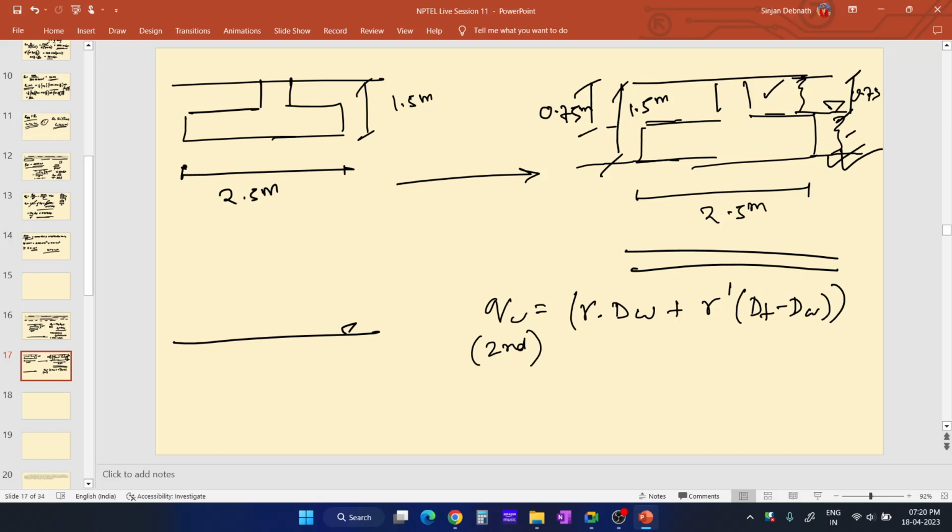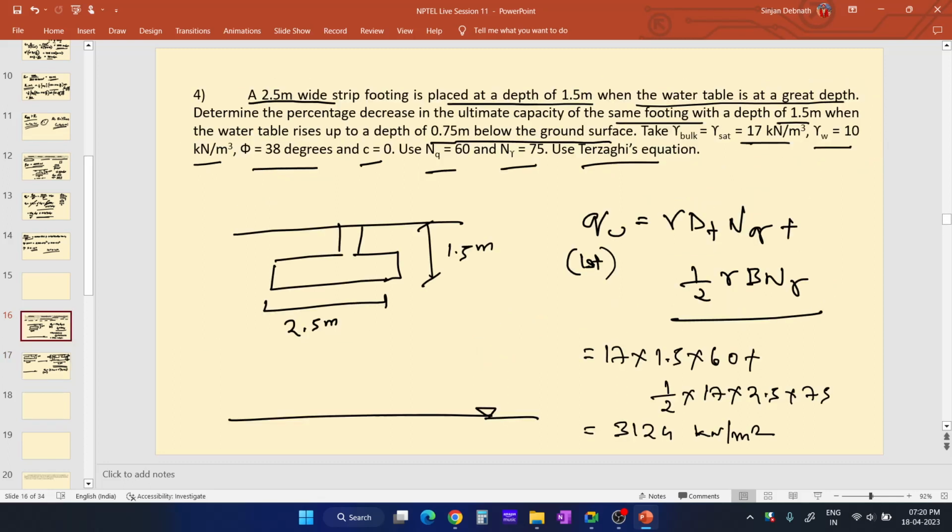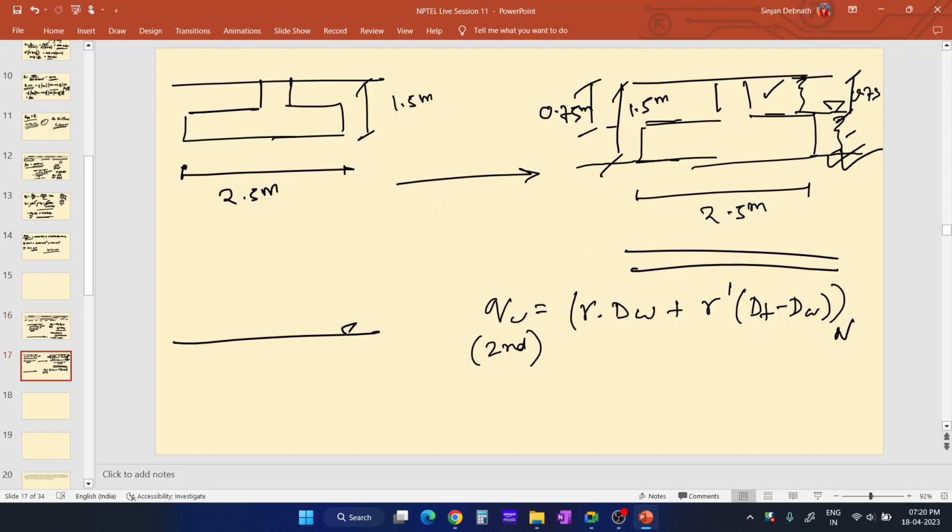Okay, this is the surcharge, into Nq, plus half into gamma submerged into B into N gamma. Okay, so now let me put the values of all the parameters into this equation.